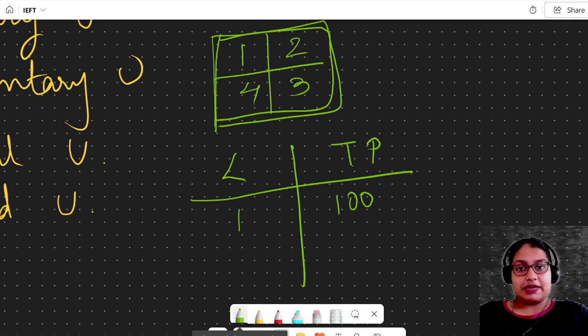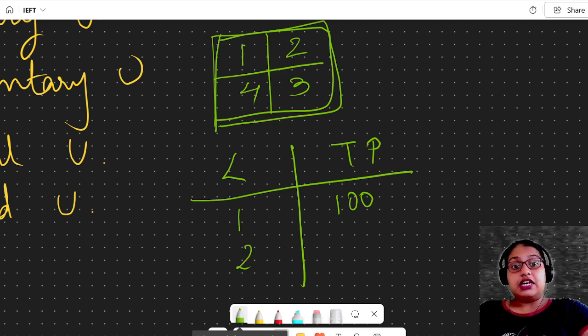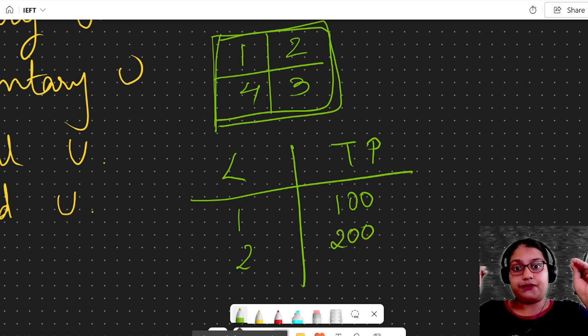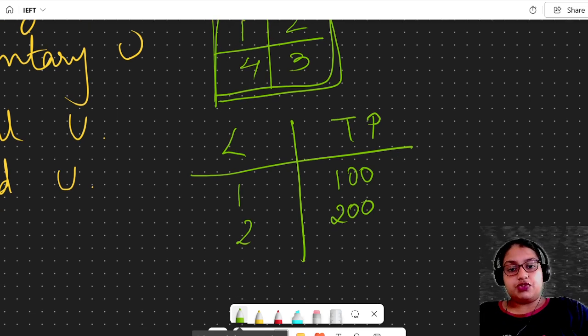Now laborer 2 also came. So when laborer 2 also came, the total production increased to 200 because they are giving their full potential. First laborer 100, second laborer also 100. So 200 was the total production.